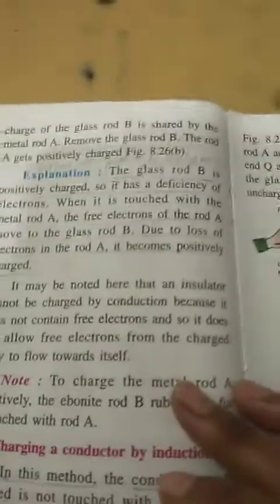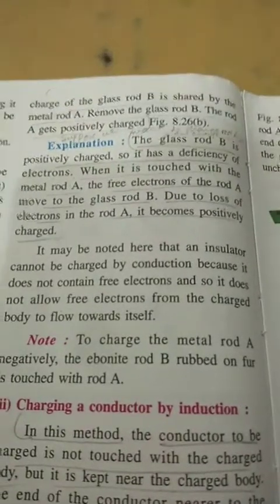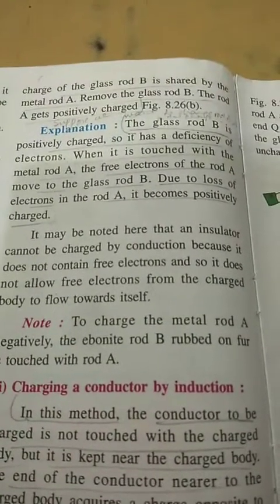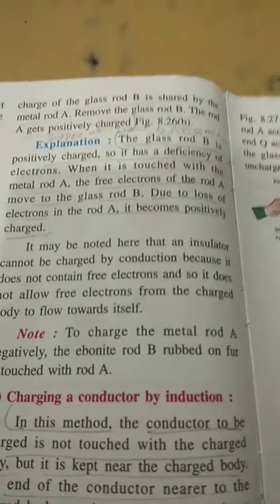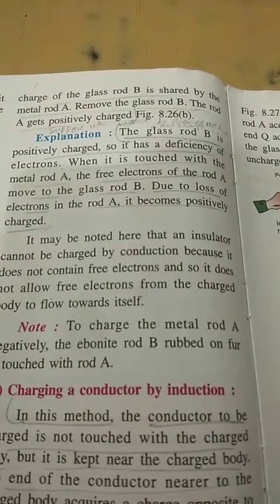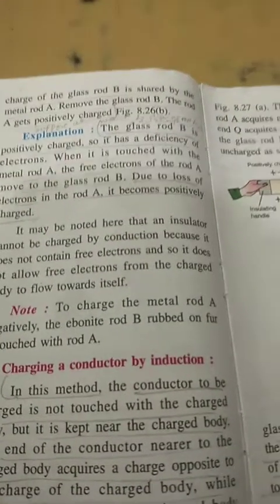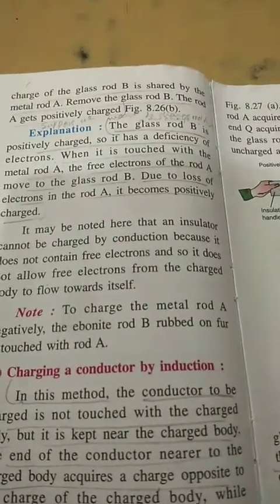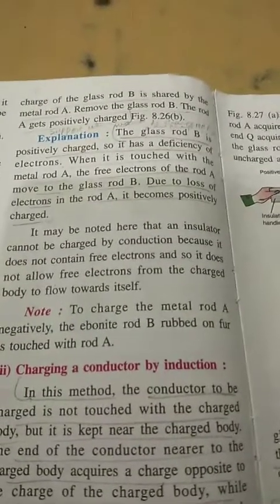The glass rod B is positively charged, so it has a deficiency of electrons. When it is touched with the metal rod A, the free electrons of rod A move to glass rod B. Due to the loss of electrons, rod A has become a positively charged body.